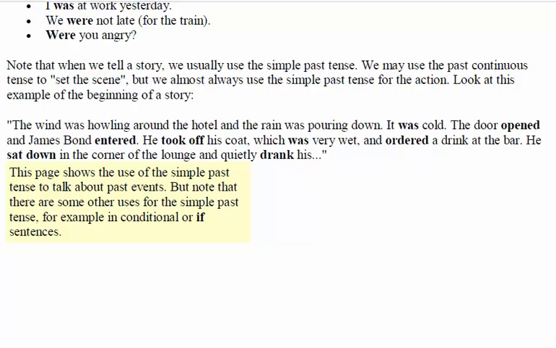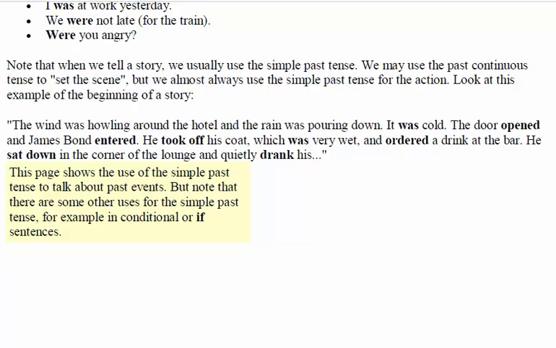It was cold. The door opened, and James Bond entered. He took off his coat, which was very wet, and ordered a drink at the bar. He sat down in the corner of the lounge and quietly drank his drink, and so on.